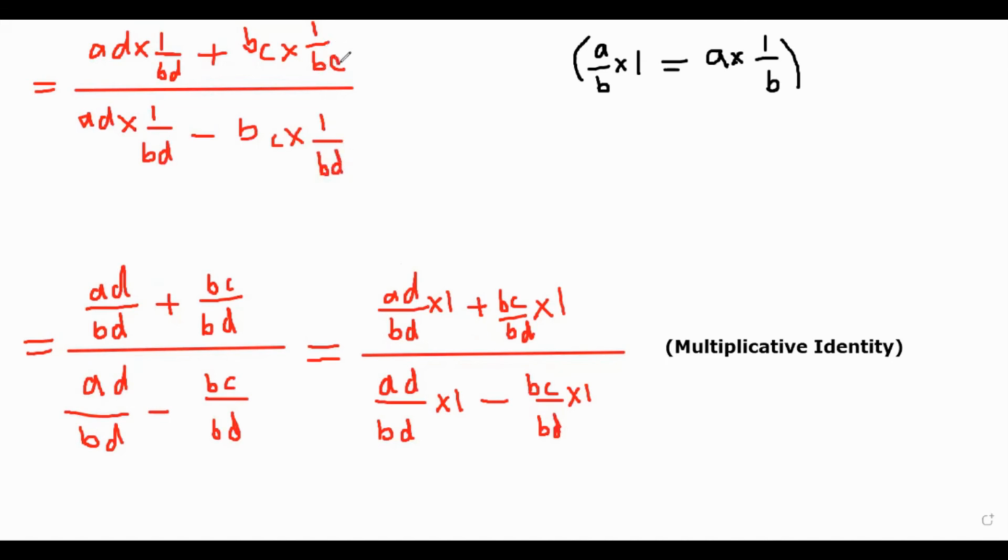In the numerator it was also 1 by BD. Sorry, I had made a mistake. And we have done this properly, we have used this property.